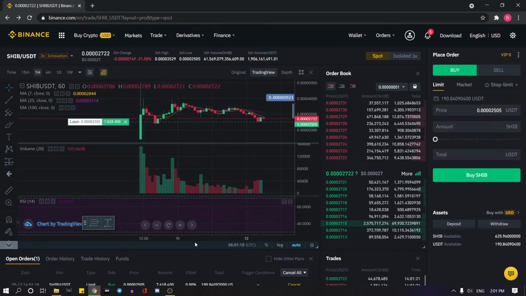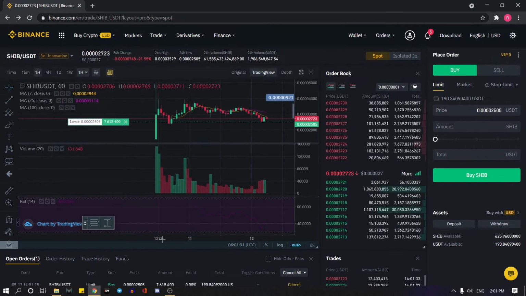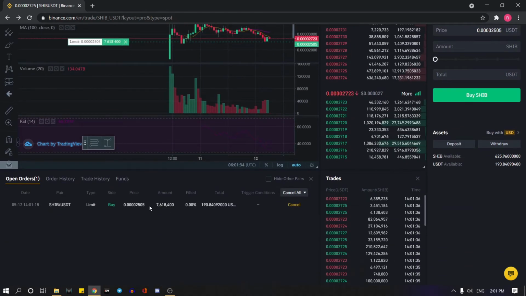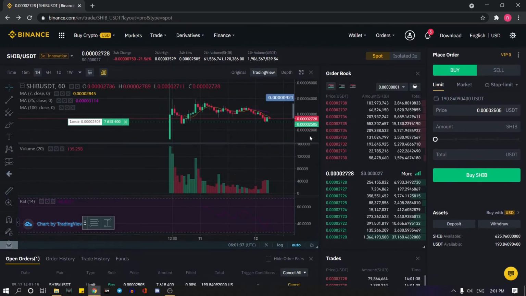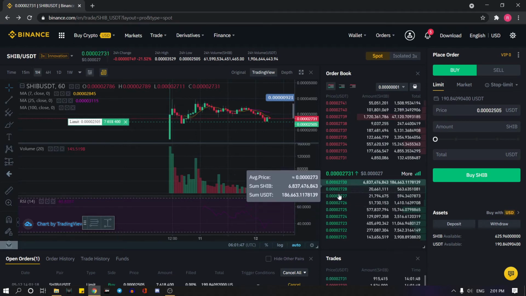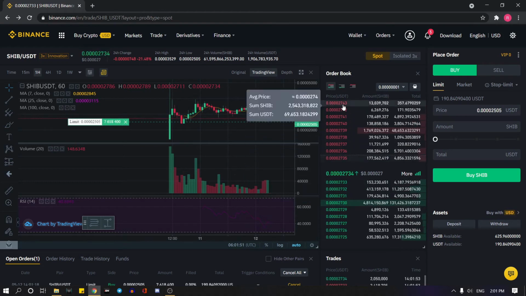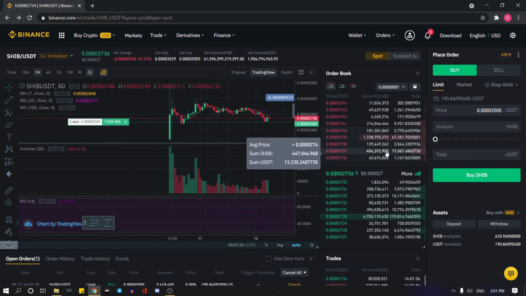Limit buy order completed. So what will happen? As you can see here, we have an open order. So this is where you see your current order. So if you buy it, I bought at 25.05. The current price is 27.30, right? So if you notice this page here, the green ones are the ones looking to buy, and the reds are the ones looking to sell.